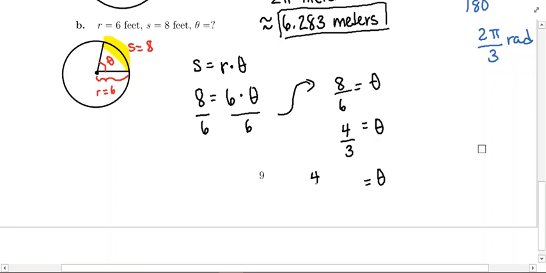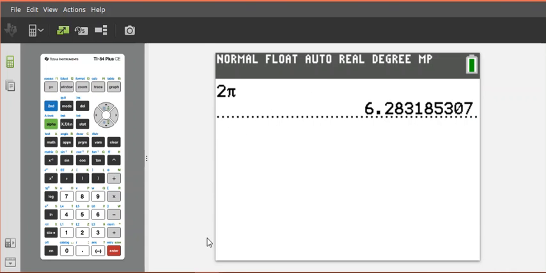If you're dealing with radians, we don't usually write units, since radians are unitless, but you can put radians if you want to emphasize that this is a radian number. As far as the decimal goes, because the directions do ask for a decimal approximation, you can go back to your calculator and put in 4/3.